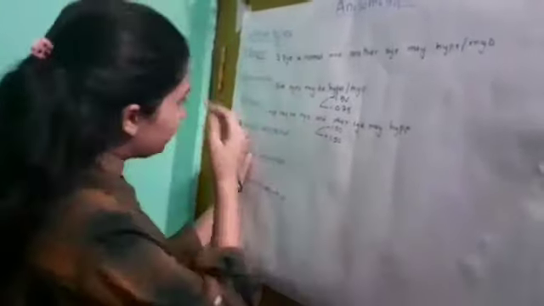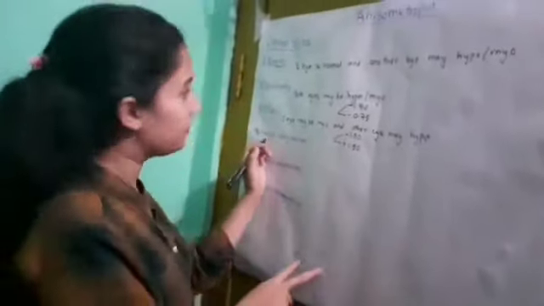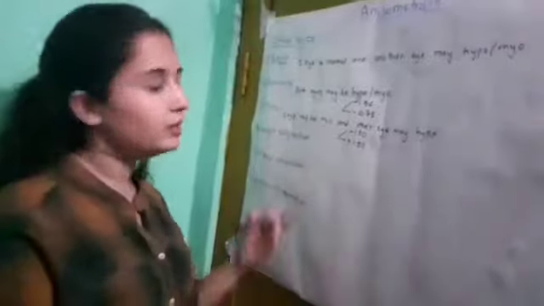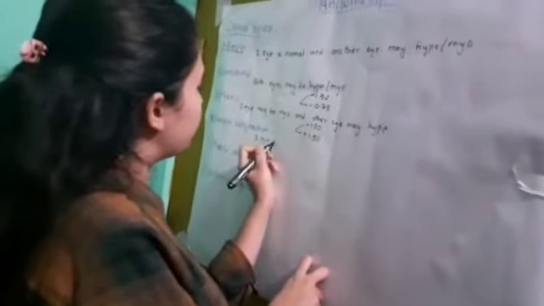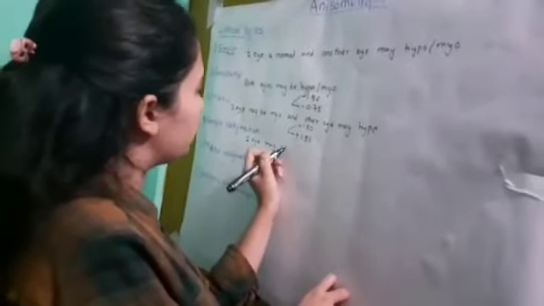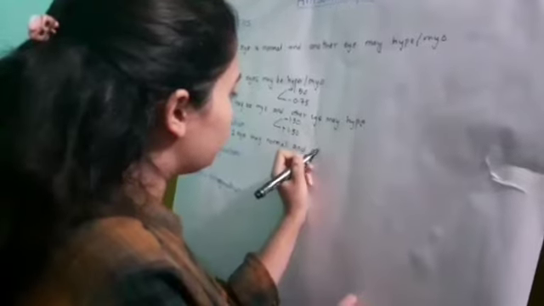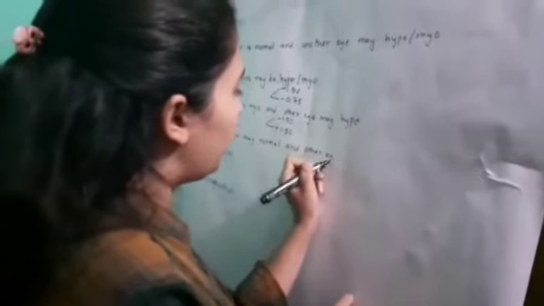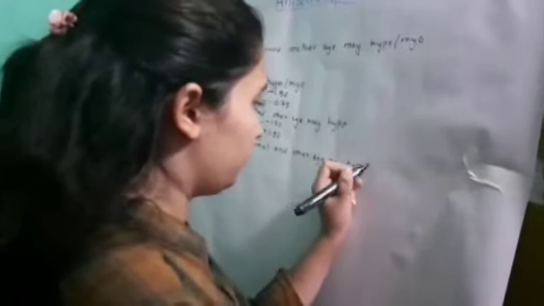In simple astigmatism, one eye is always normal and the other eye may be hyperope or myope.